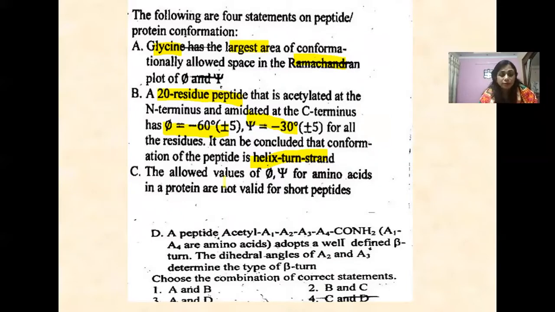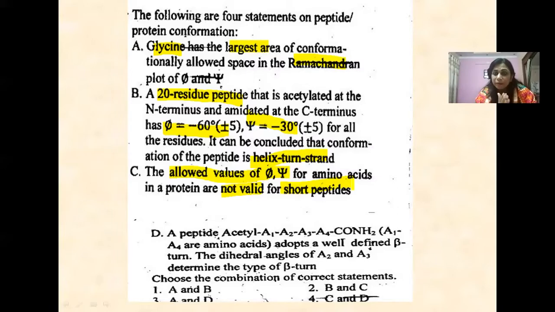Now the third statement says that the allowed values for psi and phi for amino acids in a protein are not valid for short peptides. So according to this statement, the allowed values of the psi angle and the phi angle for different amino acids are only valid for long peptides, but this is not the case.